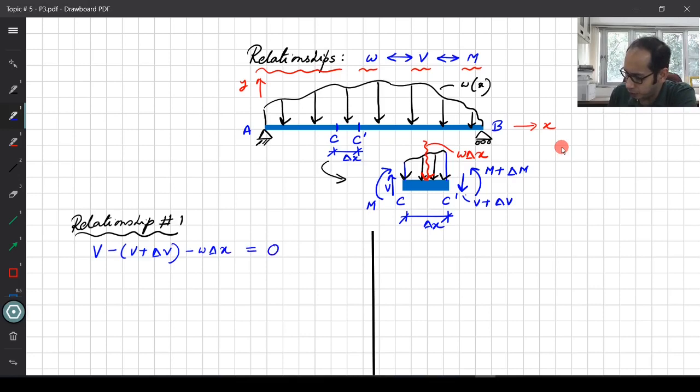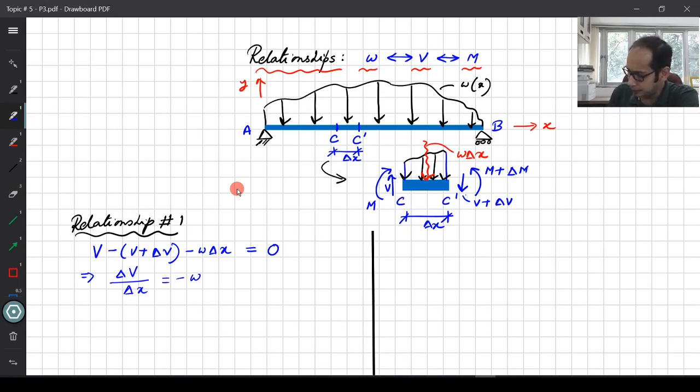The V and this V cancel. What you essentially get after solving is delta V, the incremental change in shear, divided by delta x equals minus w.